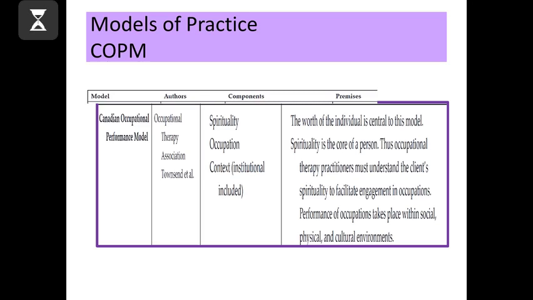And when you think of culture and just the underlying reason and purpose and how some activities are meaningful, you cannot take away the spirituality, right? So they believe that spirituality facilitates engagement in occupations and that the performance of occupations takes place within physical, social, and different cultural environments.